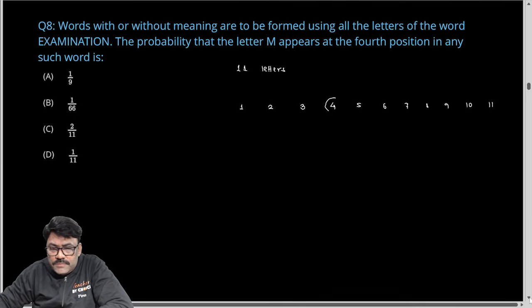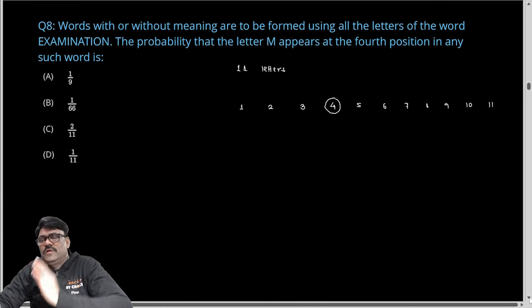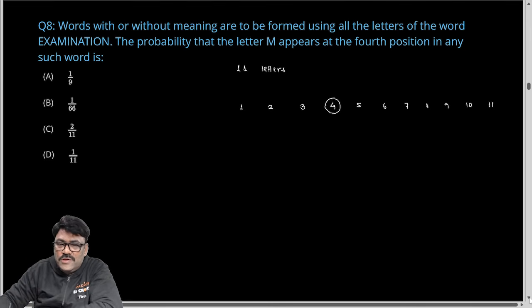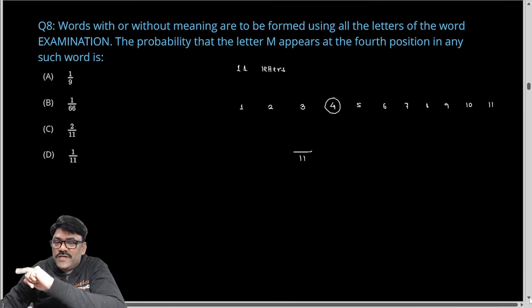So M should be here. So very straightforward. See, M can go to any of the 11 places. So total possibility is 11. This is total number of cases. But you are saying that it should be at place 4.